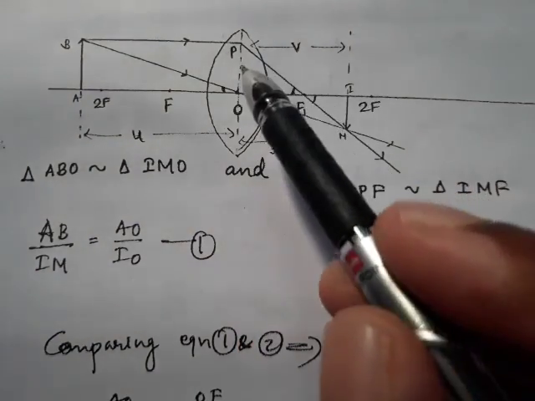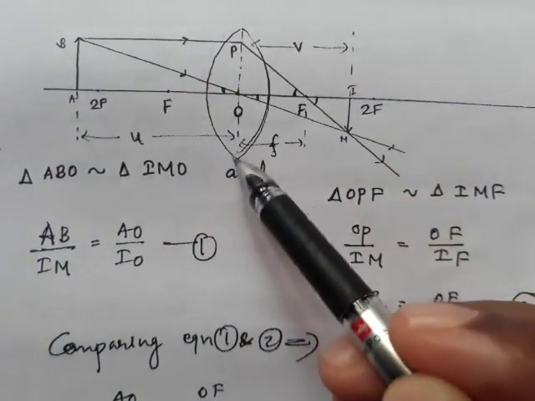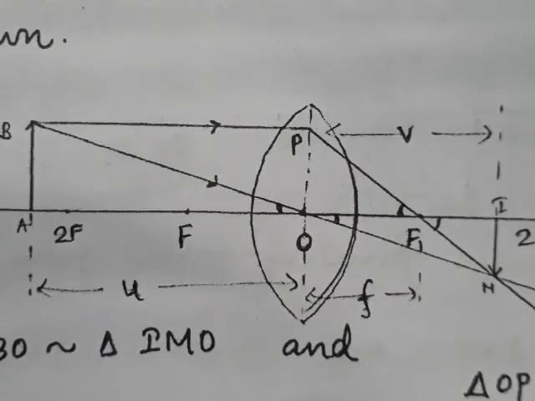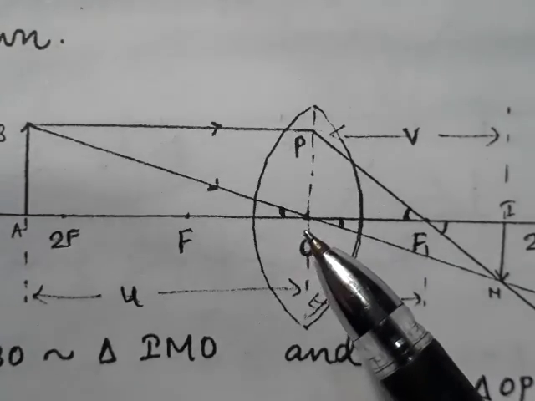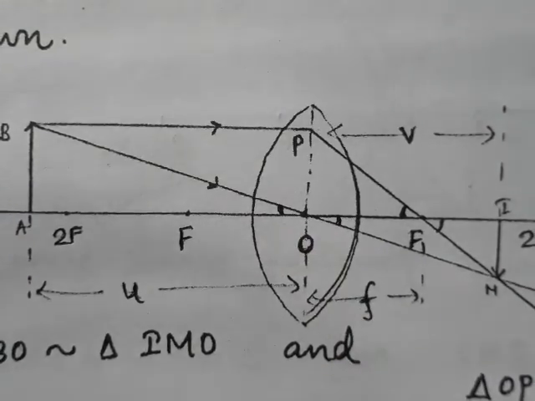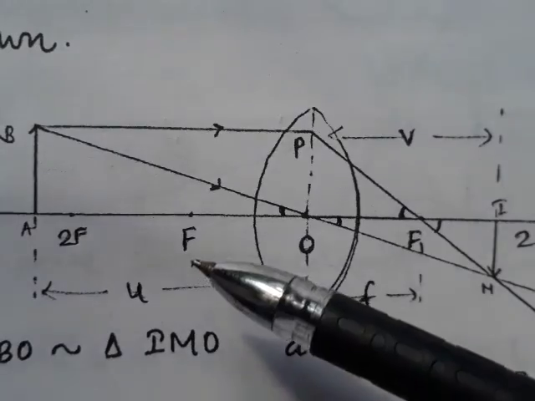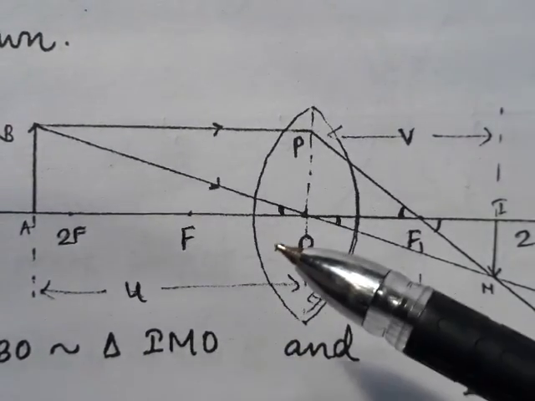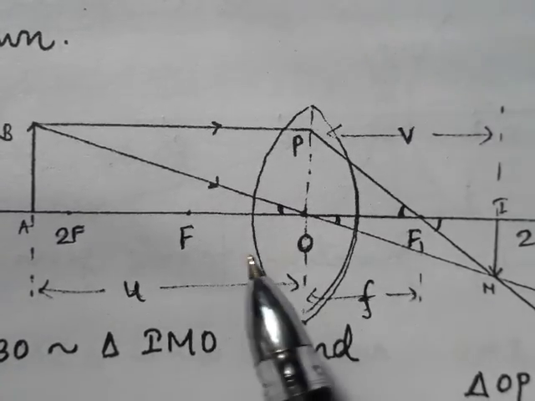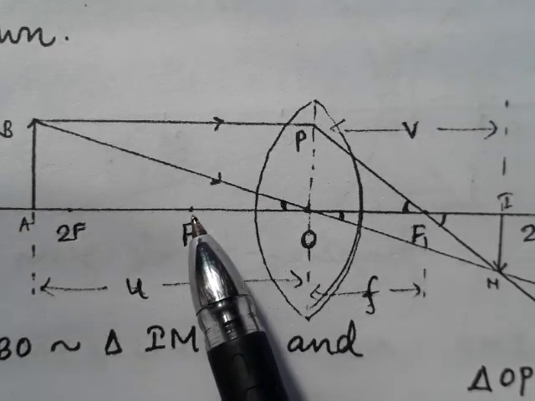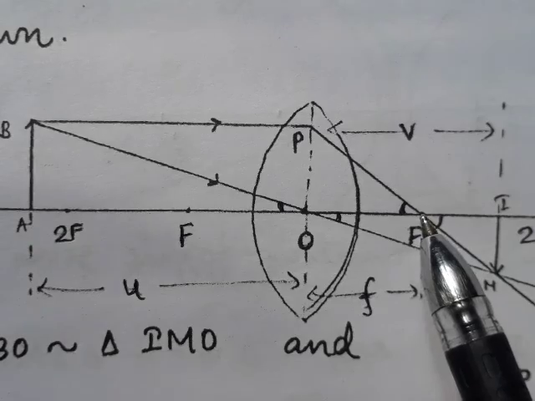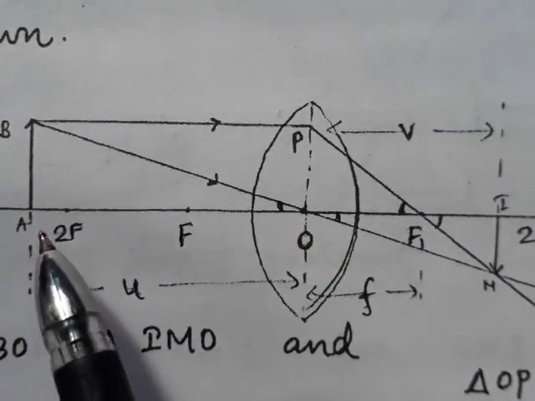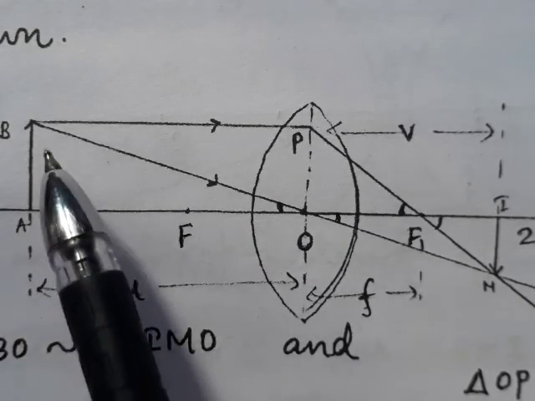First, let's see a convex lens. Here is a convex lens with optical center O. This convex lens has a focal length, small letter f here, and the principal focus is marked here f, and here also there is a principal focus, and this is 2f. You have an object that is AB.